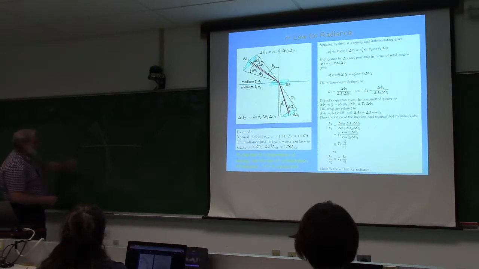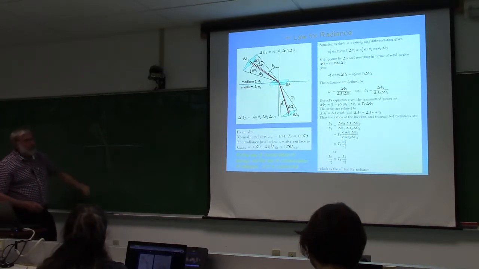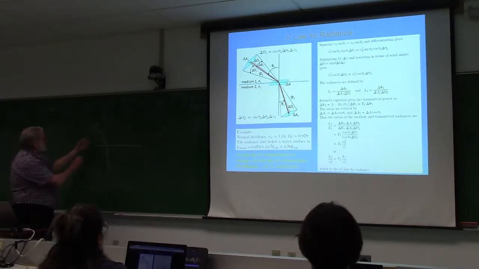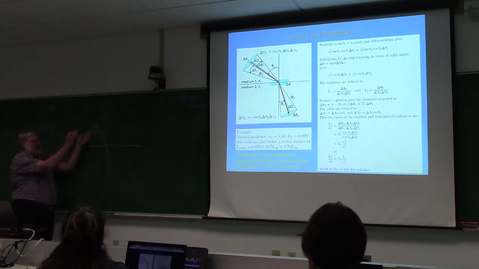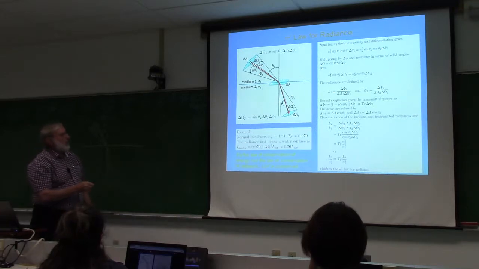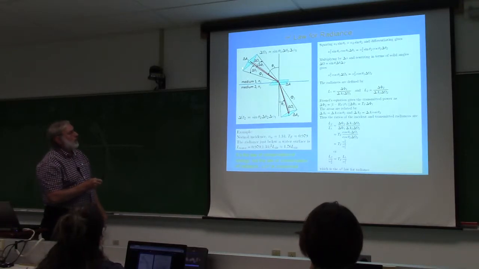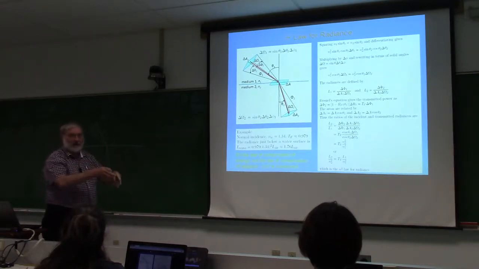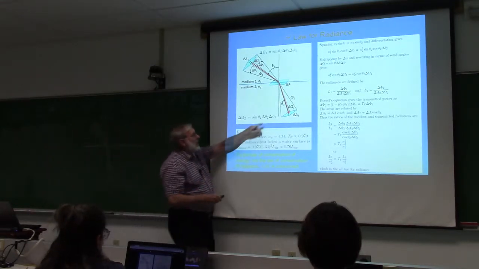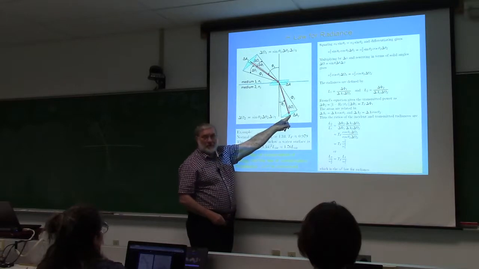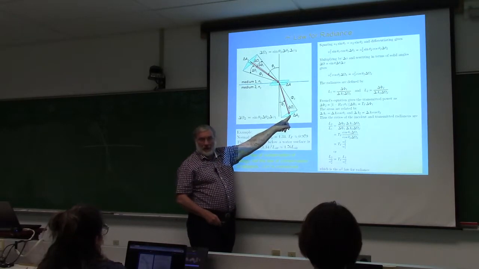Now the catch, of course, is simply because of Snell's law, this bigger d theta ends up being a smaller d theta here. And then, of course, to get a real solid angle, you have to have a d phi. And what it all boils down to is you can have a big solid angle up here sending radiance down to the ocean, and all of that radiance goes into a smaller solid angle underwater.